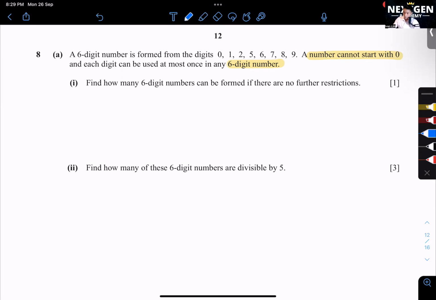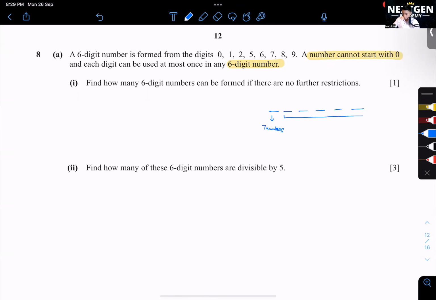No further restriction means I have 6 digits. I cannot start with digit 0, therefore I only have 7 numbers to fit inside the first spot.